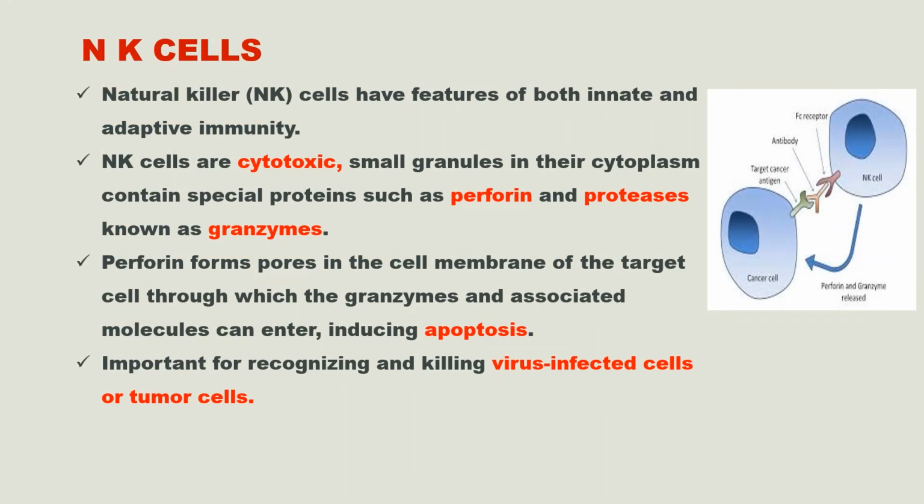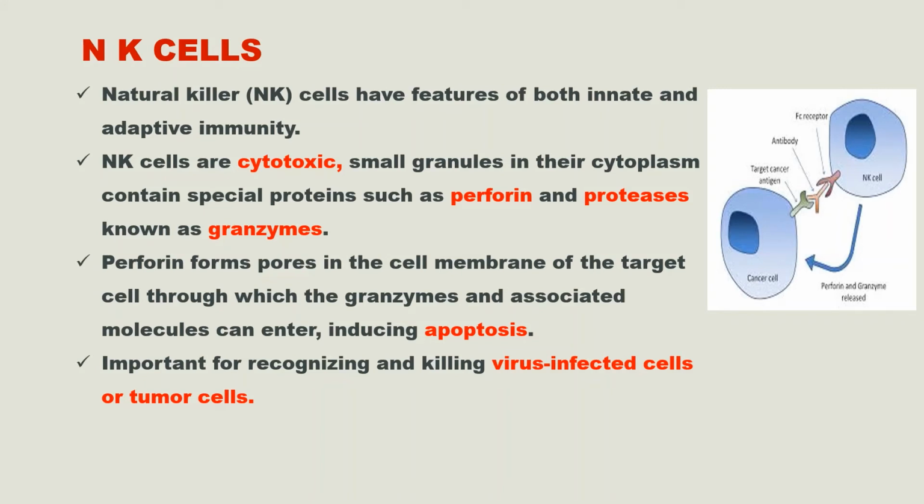NK cells or natural killer cells. Natural killer cells have features of both innate and adaptive immunity. They play a major role in both innate and adaptive immunity. NK cells are cytotoxic.